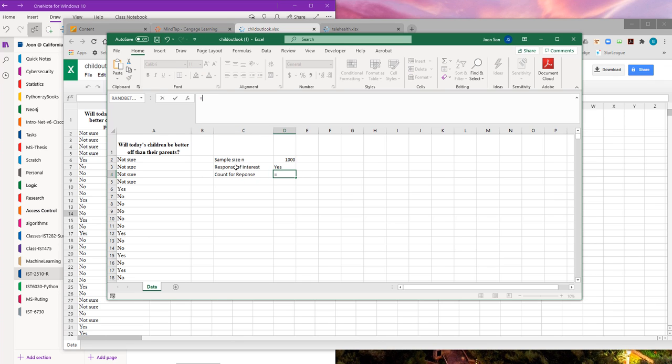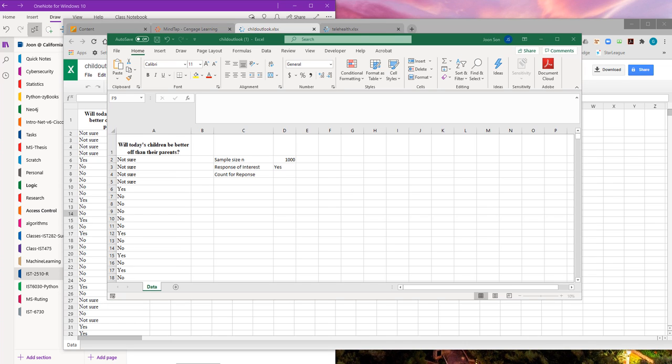For this we need to use a function called COUNTIF.